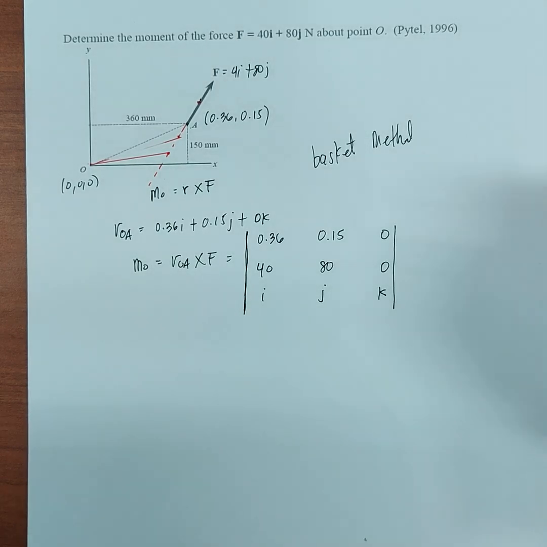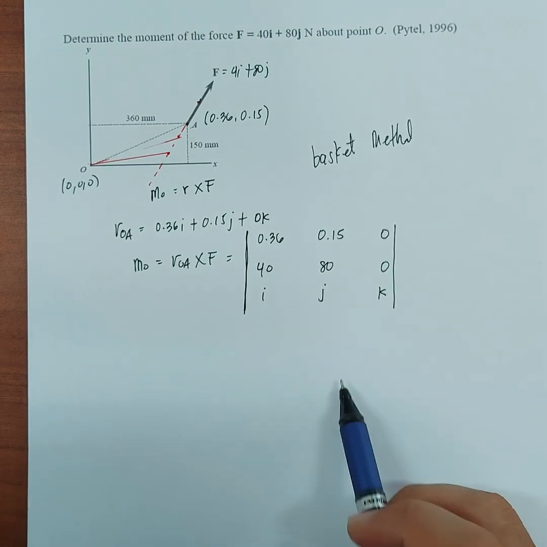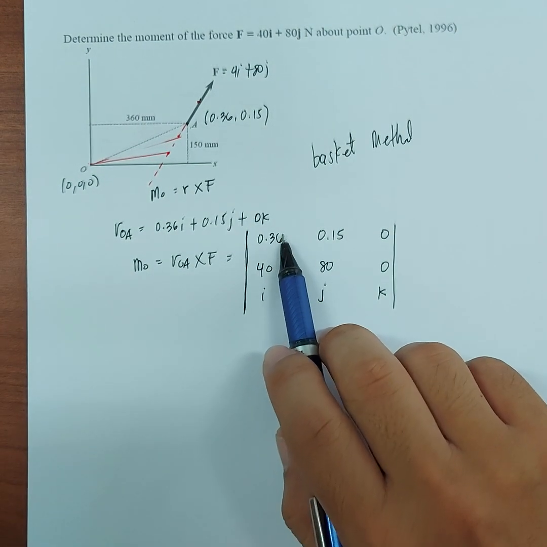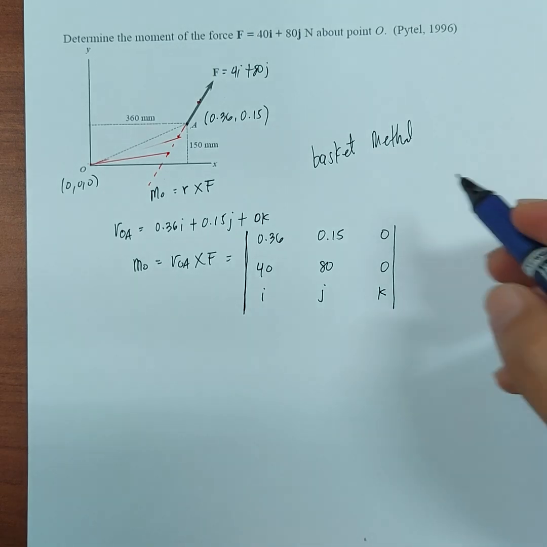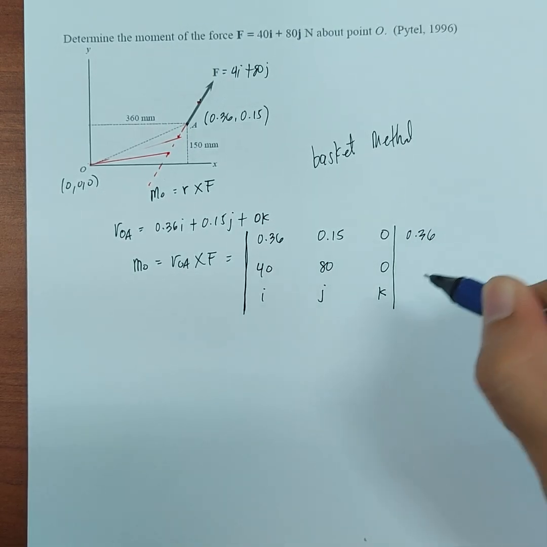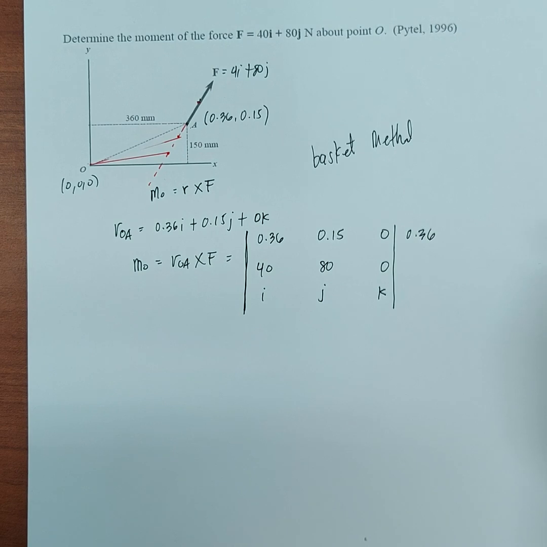So, in the basket method, we copy the first two columns. By the way, your module probably doesn't include solving the determinant because we teachers assume that since you're done with basic mathematics subjects, you already know how to solve for the determinant.